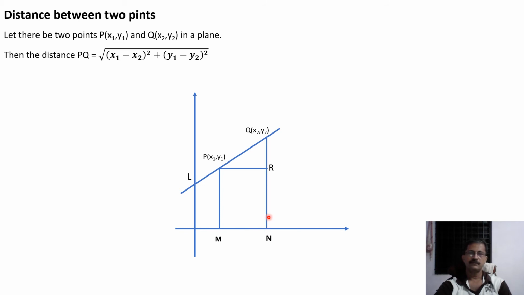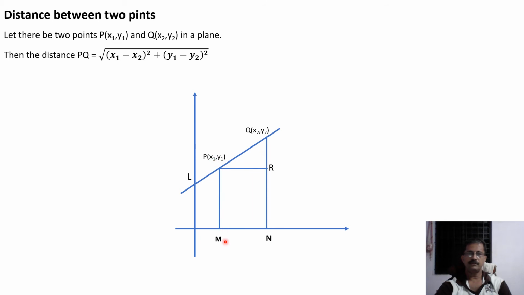Okay. Similarly, coordinates of P are given as x1 and y1. So x1 is the distance from origin to M, which is the distance of P from the y-axis, and y1 is the distance of P from the x-axis, and that is PM.